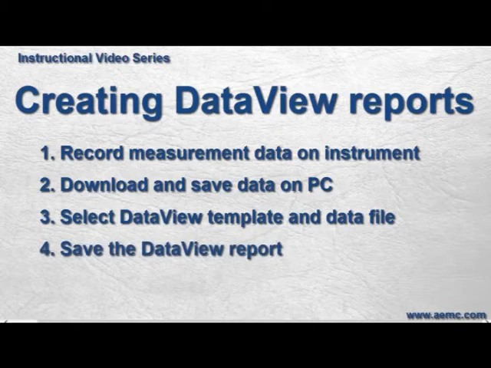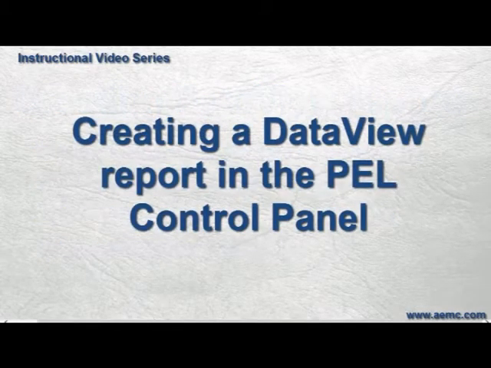The steps required to perform these tasks and the order of these steps can vary depending on where you are in the DataView software, what control panel you may be using, how much customization you want to do in the report, and other factors. In this video, we discuss the simplest and quickest way to generate a report, which involves creating a report from the default template in a DataView control panel.